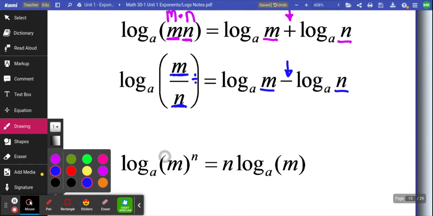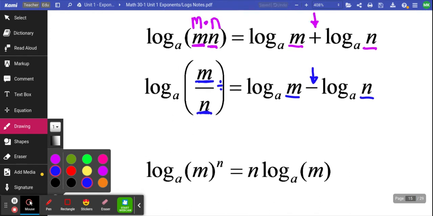And the one that's actually been talked about a couple times in this class is if you have a log where the argument is an exponent, like that. That exponent can actually be rewritten as a coefficient. So instead of squaring the argument or something like that, you could put it out front as a coefficient. And now it becomes n times that log. And notice that the exponent is now gone.